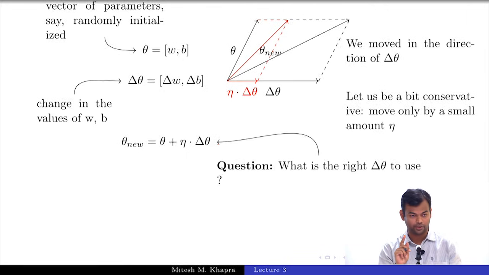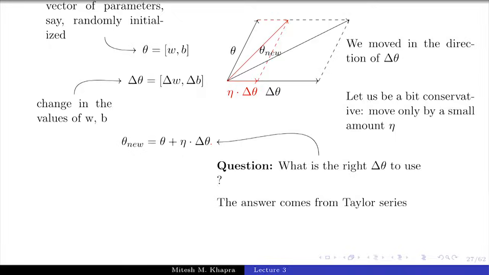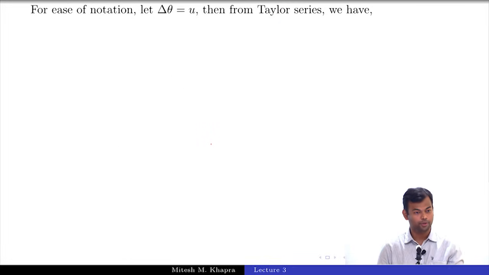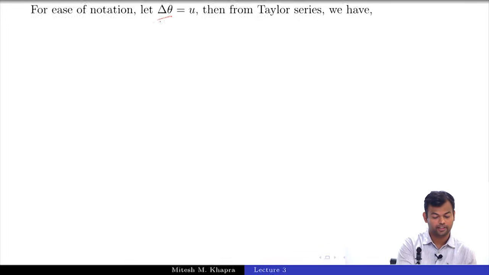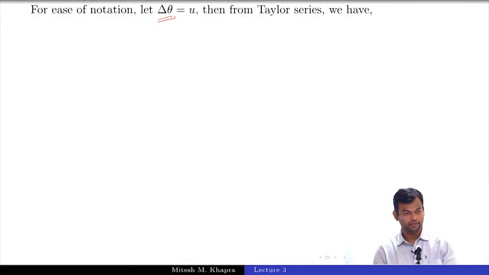Okay, so that's the question that we need to answer. If I give you an answer to this question, then what is it I'm doing? I'm giving you a principled way such that you start from a random value of theta, move in a certain direction, and it will ensure that your loss has decreased, and then you have to keep doing this, right? So that's the setup, and the answer to this comes from Taylor series. So now what I'm going to do is give you the right direction, delta theta, fine?